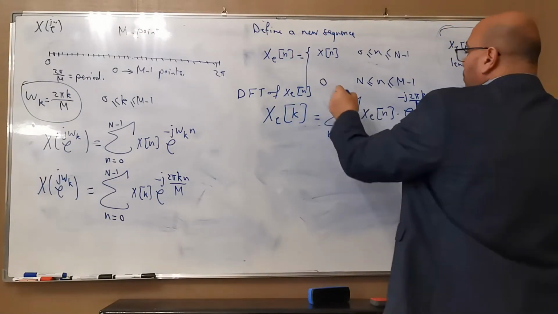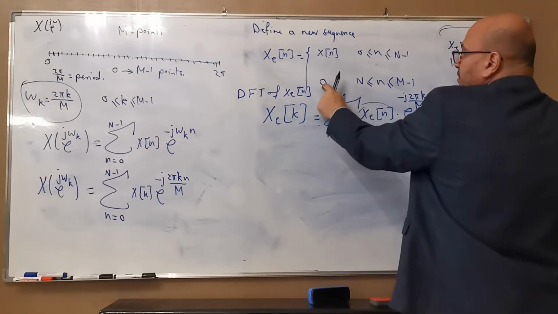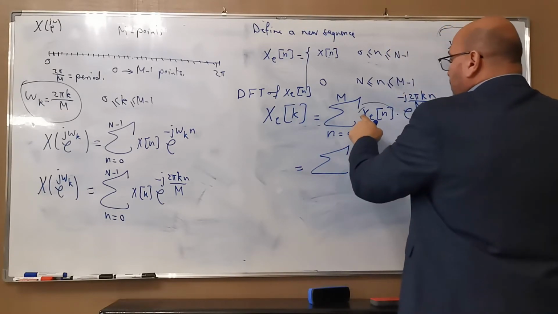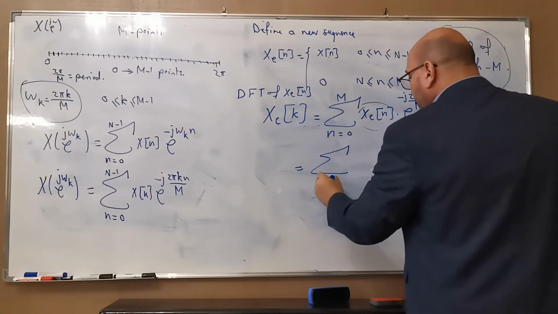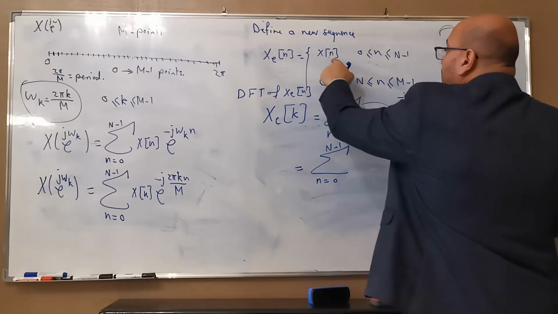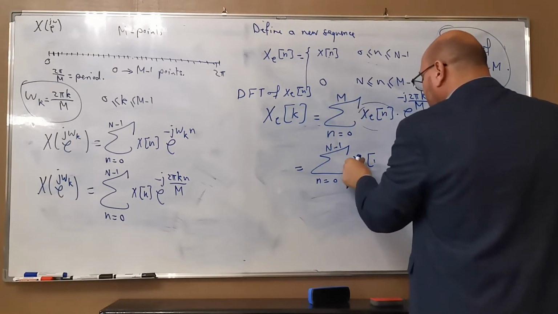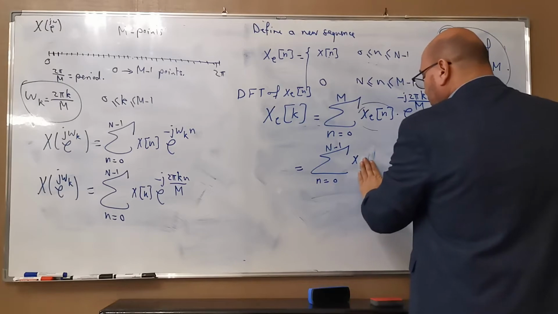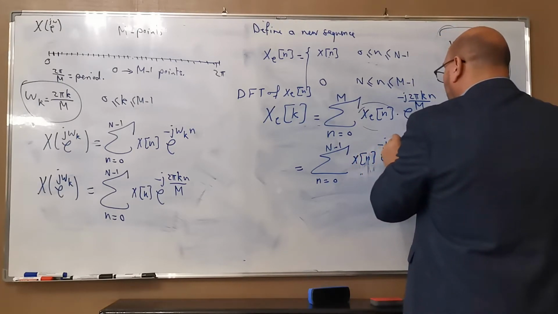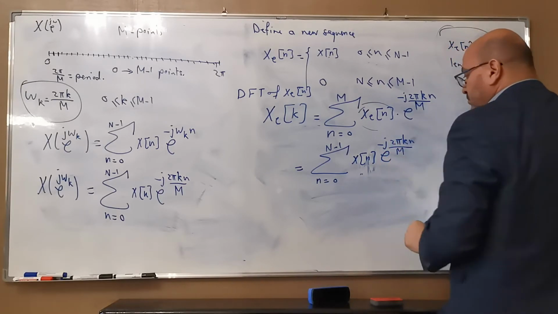Now I'm going to substitute what the extended sequence equals here. So I'm going to do two summations. The first one will be from n equals 0 up to N minus 1 of x of n e to the minus j 2 pi k n over m.